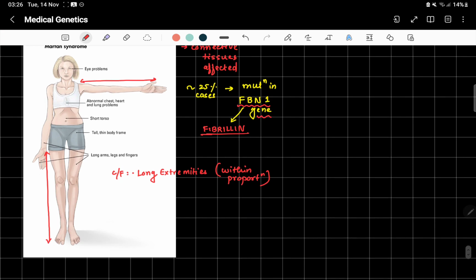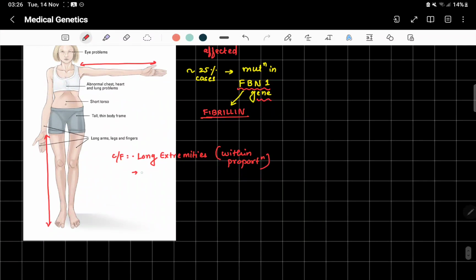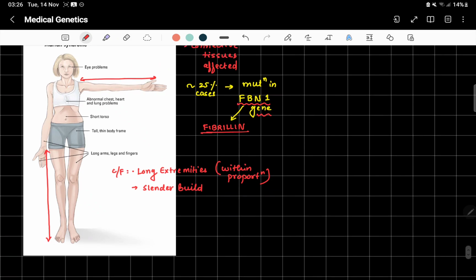Then slender build, you can see the girl is very slender. Then arm span is greater than height. This is just an exaggeration.